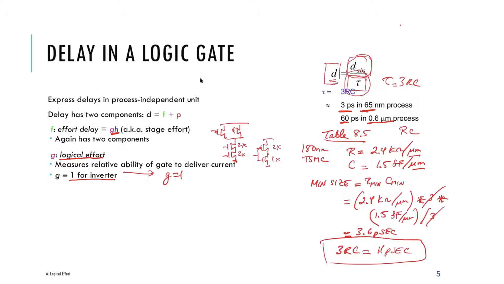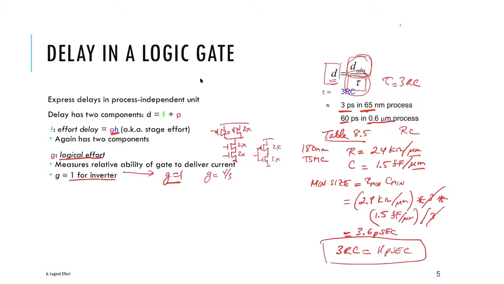Okay. So this can still be 2X and 2X. So if G is equal to 1 for an inverter, G would be 4/3 for a NAND gate. I'll show you guys how we came up with that.